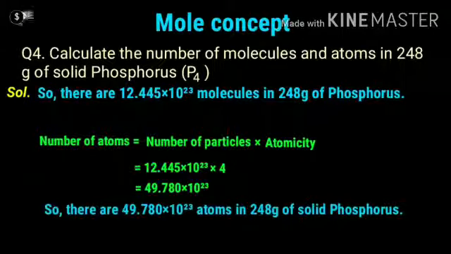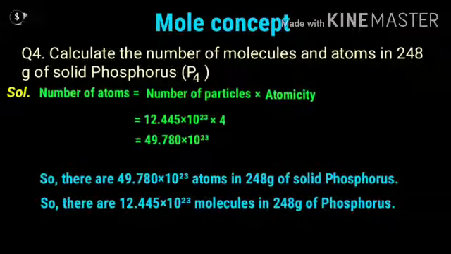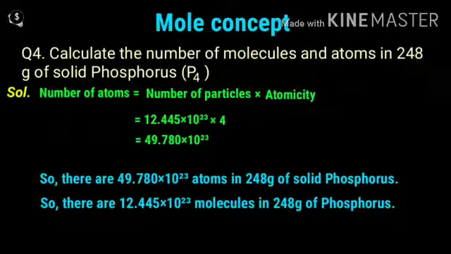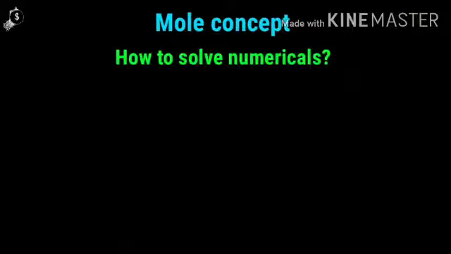As we solved this question just now, we wrote the number of atoms in a molecule. In place of that, you can write atomicity also. In this numerical question, which we have already done, we wrote the number of atoms in a molecule of phosphorus, and we can write atomicity in place of that.